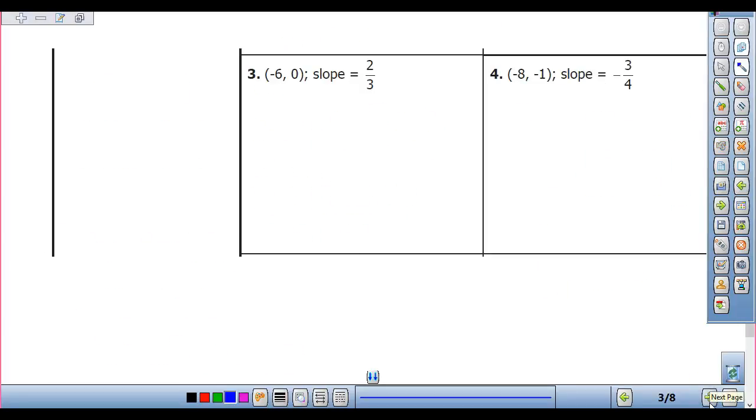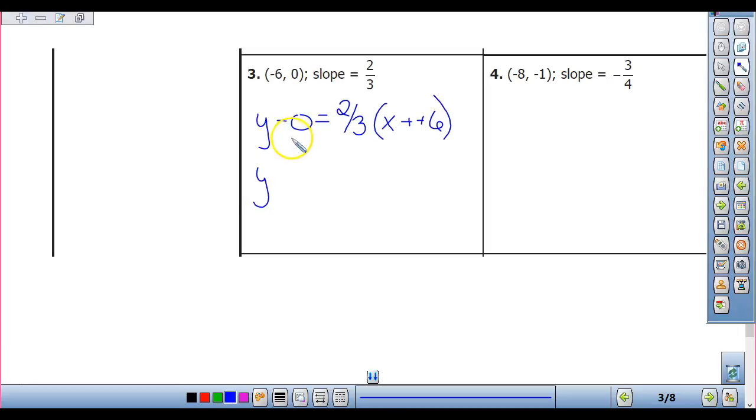All right, so let's do number 3. I've got y minus 0 equals 2/3 ... minus a negative turns it into a plus.